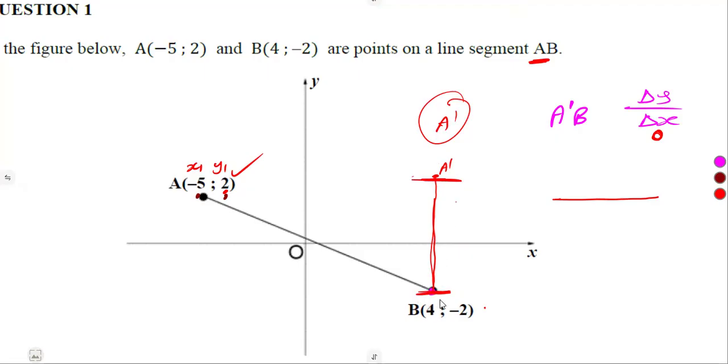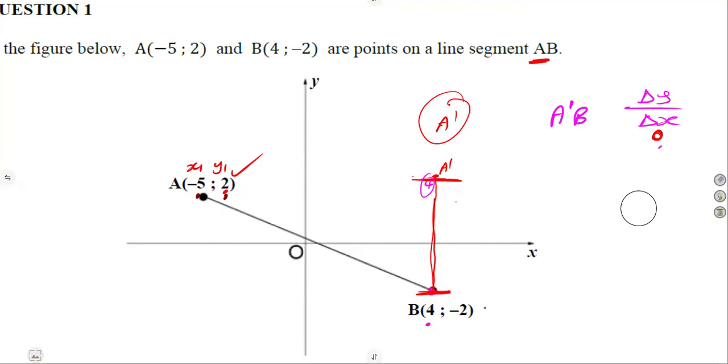Remember, if we are at this point B on a vertical line like this, x here is 4. So at that point, x is going to be 4. So when you have something like 4 minus 4, it's a 0. So that is the case. We are not worried about the y values, the denominator.